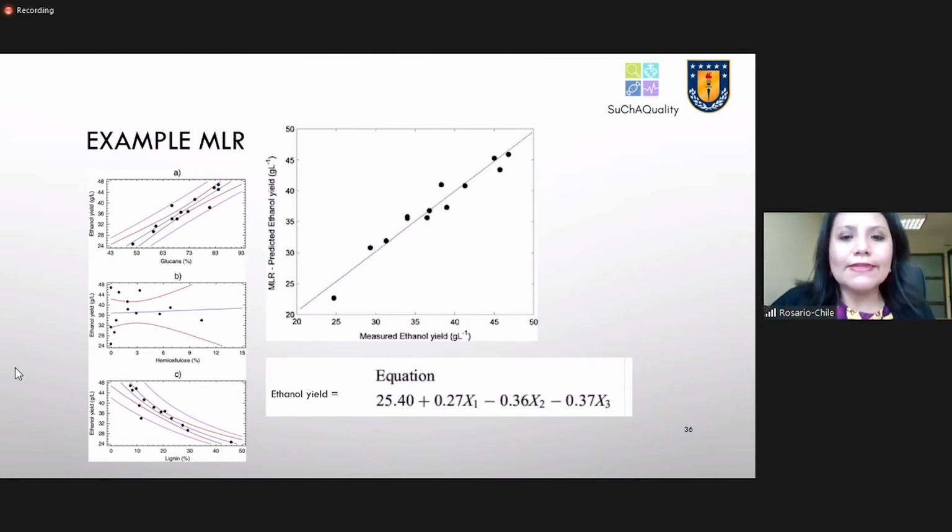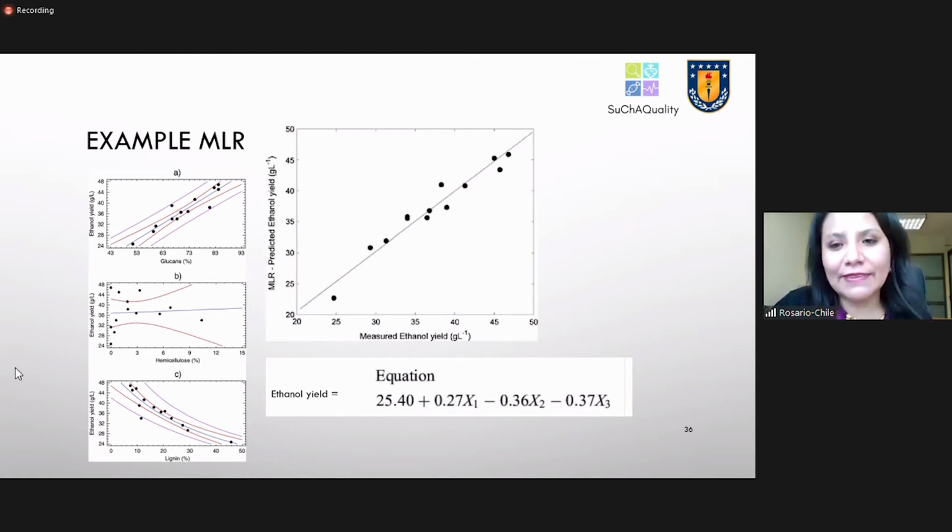These components could affect the ethanol yield in a positive or negative way. So we need to establish what is the ethanol yield obtained from one sample with a determined amount of hemicellulose, cellulose, glucans, before a very tedious and time-consuming saccharification and fermentation process to obtain ethanol.